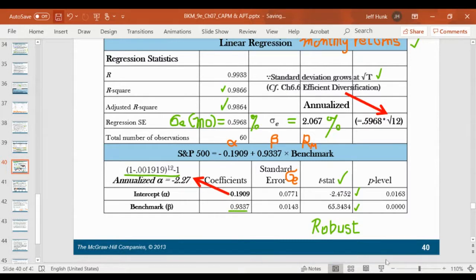It seems like we got a relatively well-diversified portfolio, because the standard error of the regression seems negligible. But how do we know? I mean, compared to what?